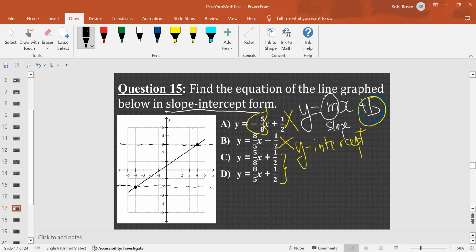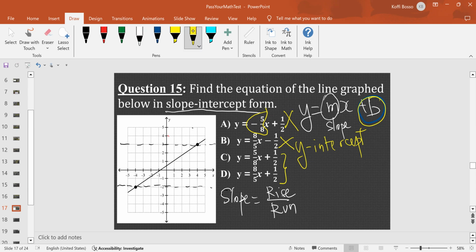We're going to move from one point to the other point. Understand that when they say slope, one of the formulas is rise over run. So we're going to use that rise over run here.